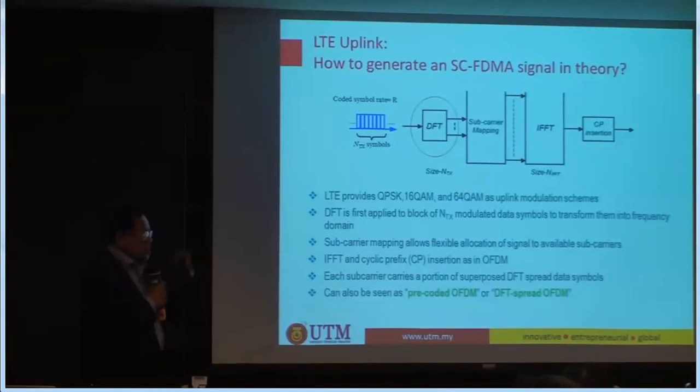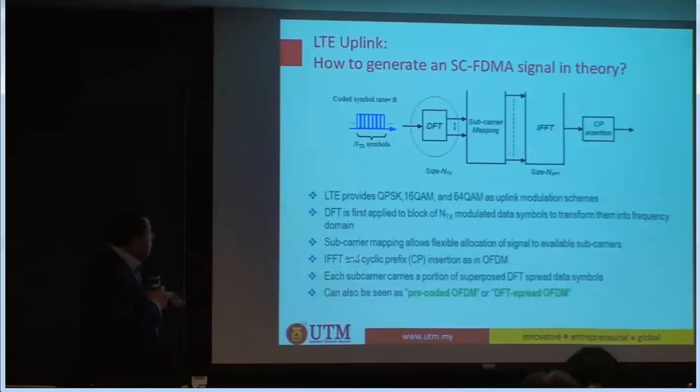That's why it is called single carrier. With this, they can overcome the effect of PAPR. So the sub-carrier mapping is a flexible allocation to the available sub-carriers.